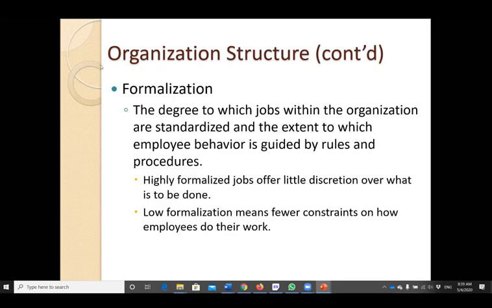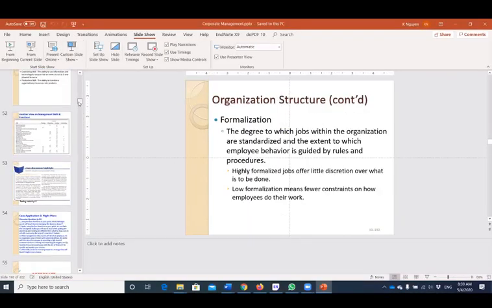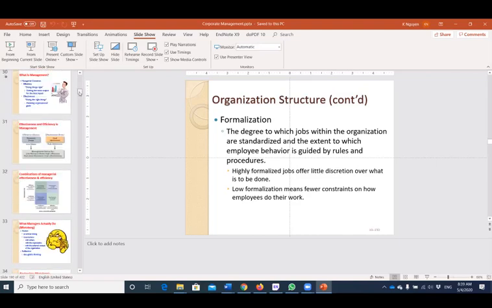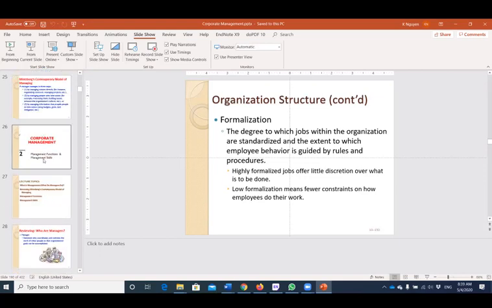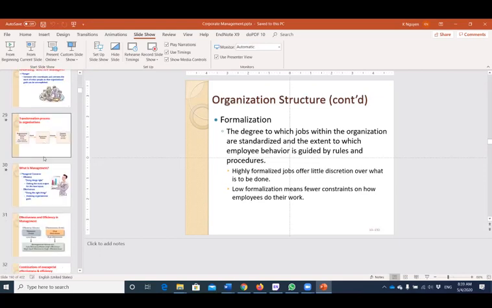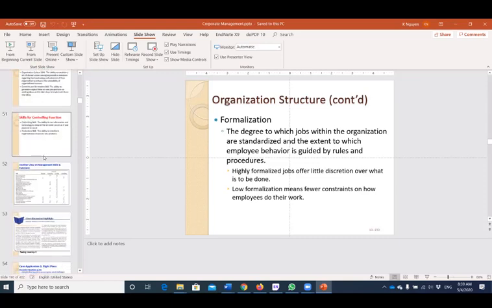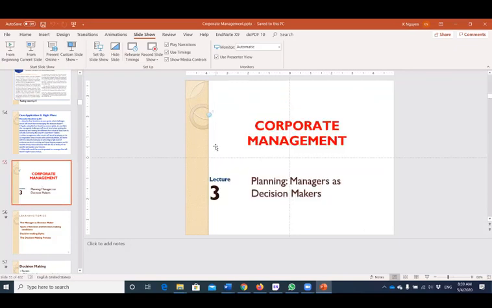Remember that? In chapter, I can't remember, chapter 2 or something, we were talking about the decision-making process. Chapter 3, yes, 3.